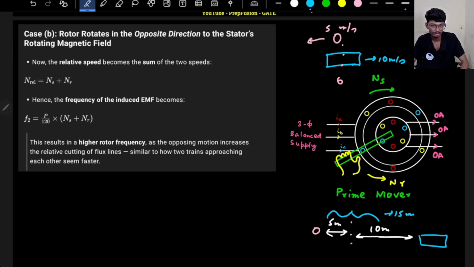So what is the relative velocity? It is 15 meters by 1 second, so it will be 15 meters per second.